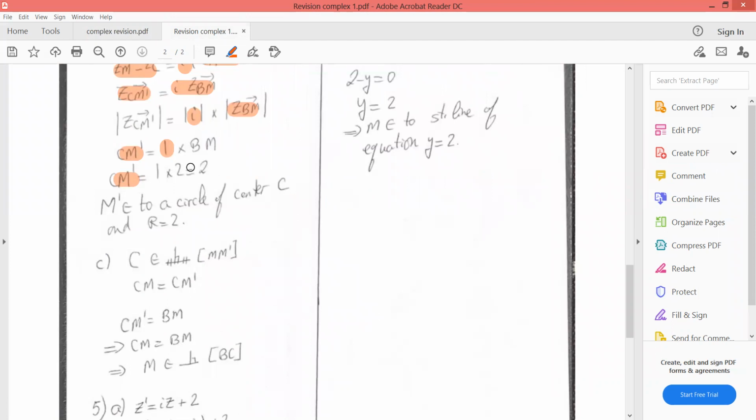So Cm prime equals 2. So M prime belongs to a circle of center C and radius equal 2. So whenever we need to find the set of points, we use the modulus. Yes. Okay.